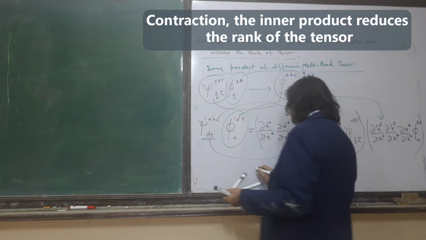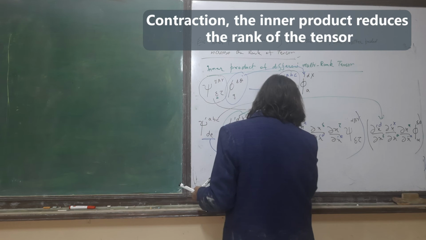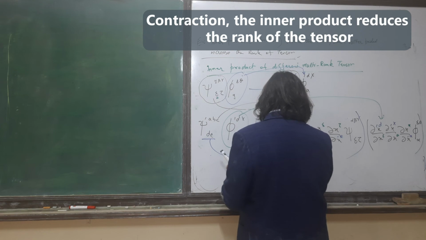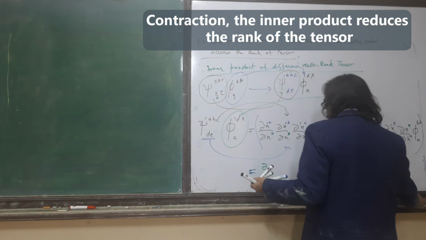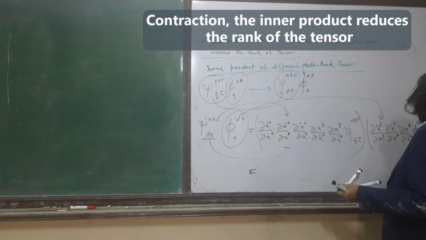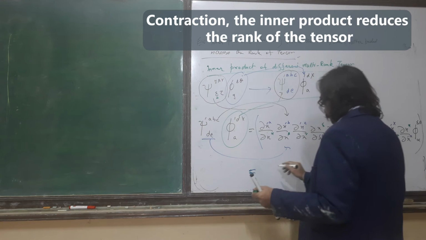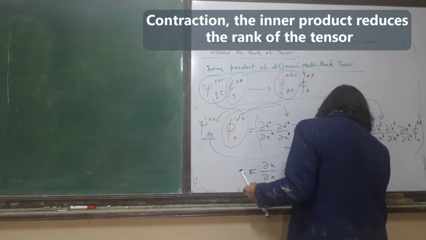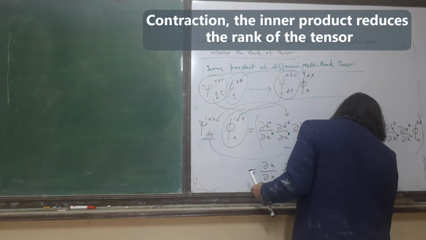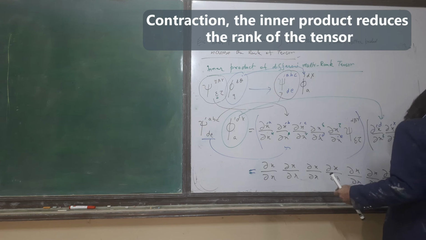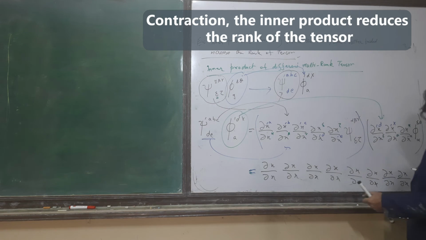How many transformation laws are here? 3 and 5, which gives 8.